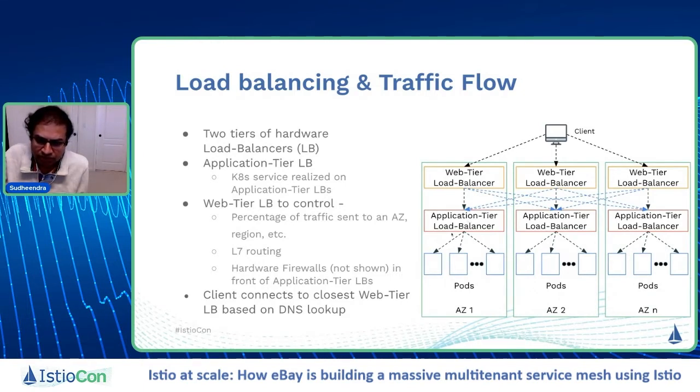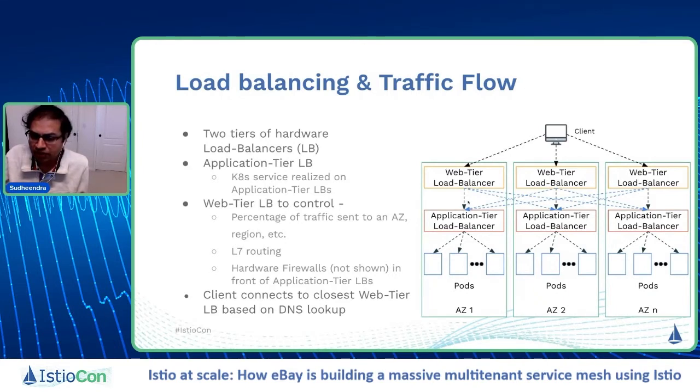The app tier load balancers are where the Kubernetes services are realized, and the backends of the app tier load balancers are the individual application pods. And all the app tier load balancers become the members of the web tier load balancers.